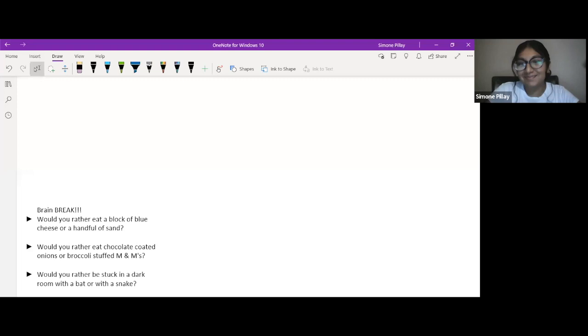Okay, but if it's poisonous, then I would choose the bat. If it wasn't poisonous, I would try and chill with it. I agree. Because imagine you're in the dark and then there's this bat just flying at you and you can't see where it's coming from, what it's doing. Isn't that scary? Yes, ma'am, it is. There you go.